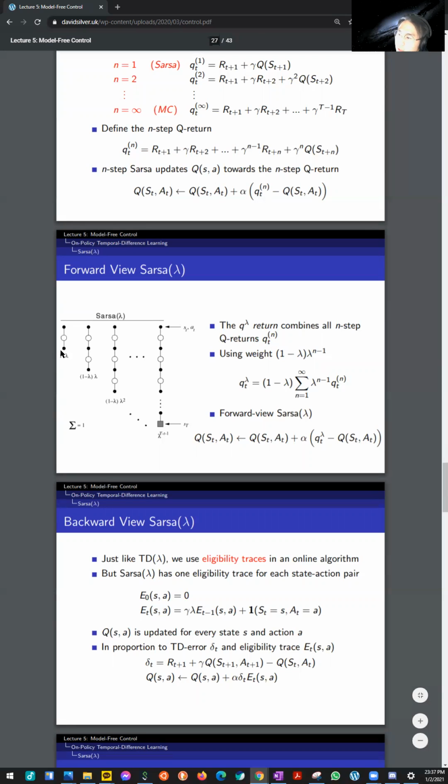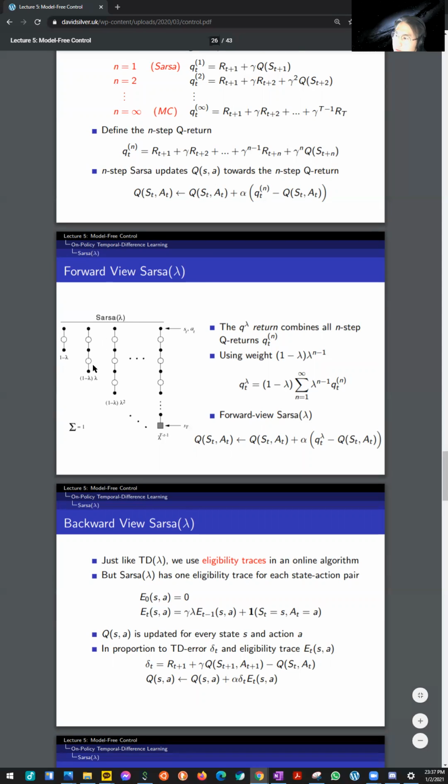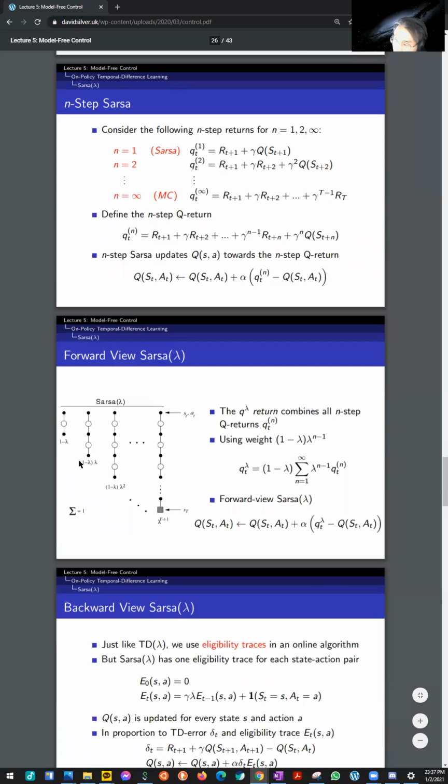As you can see here, let's say that lambda is 1. Then the weight of the one-step SARSA becomes 0, right? All the steps up to the n step become 0, and only the last step has weight. If lambda is given as 1, that is exactly the same as the Monte Carlo method.